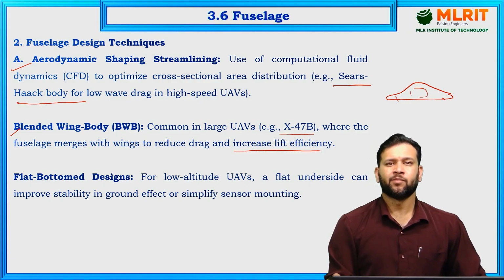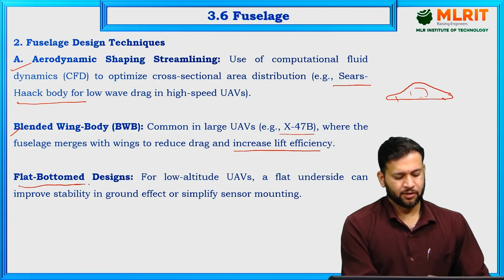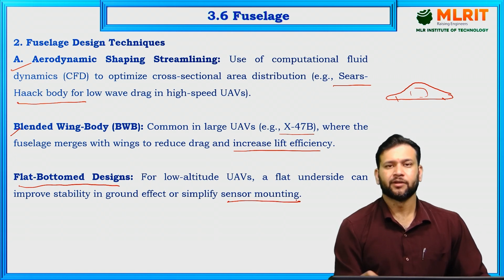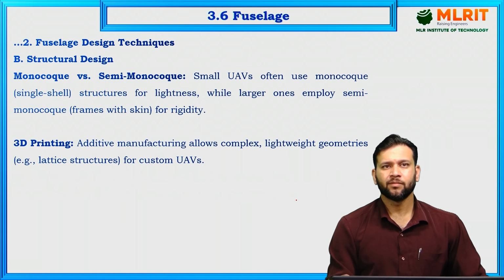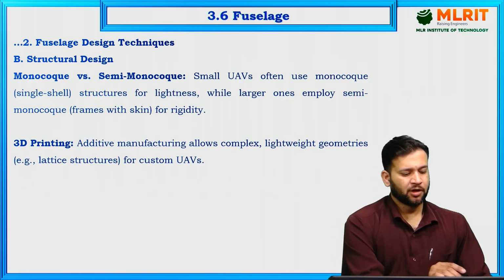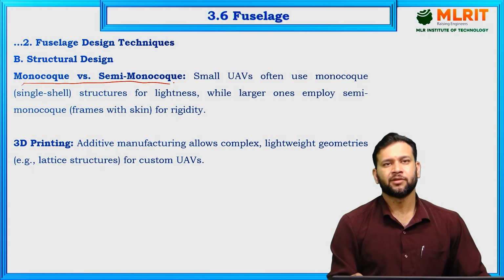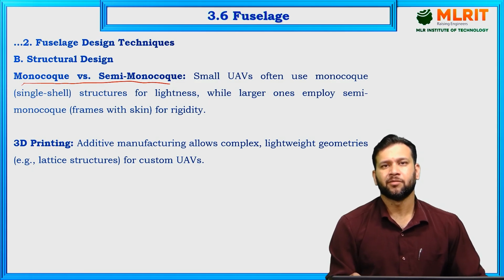Then flat bottom designs. For low altitude unmanned air vehicles, a flat underside can improve stability in ground effect or simplify sensor mounting. Structural design. We have two types of configurations for the fuselage structure. The first one is monocoque and the second one is semi-monocoque.